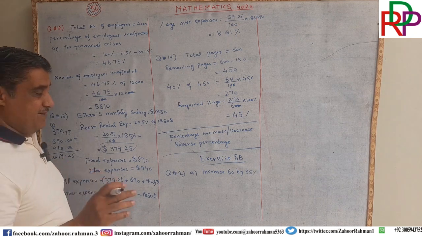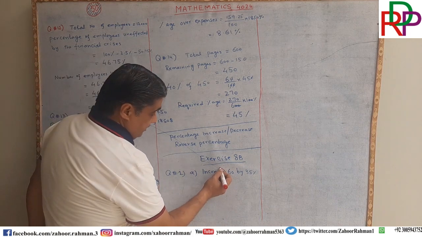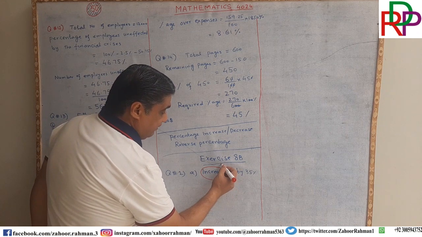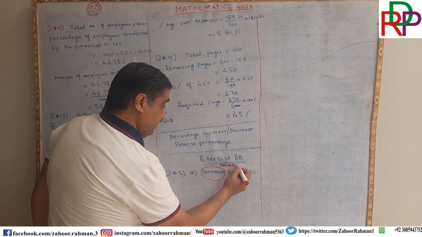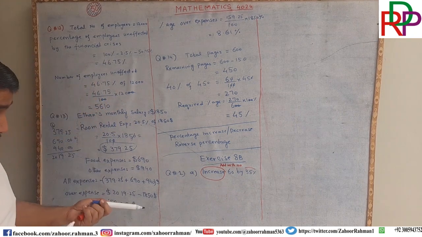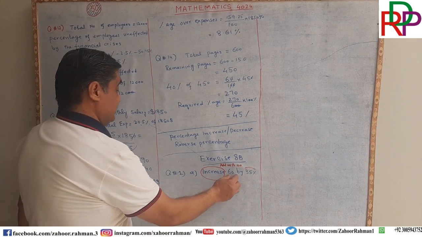Ladies and gentlemen, remember my one word. Increase, add with 100. Add with 100, that is 135. The original price is always the given price.